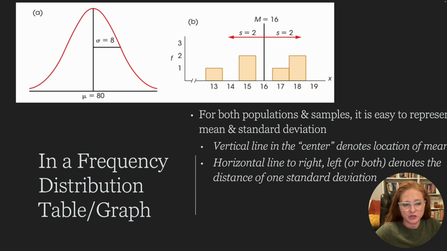Because I know that the distribution is perfectly symmetrical, the right side looks like the left side. If I deviate one standard deviation below the mean, I have a score of 72. So when we're dealing with standard deviations, it is an actual score or a representation of a chunk, right? The same is also true with a sample.